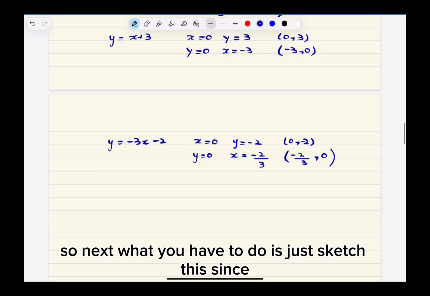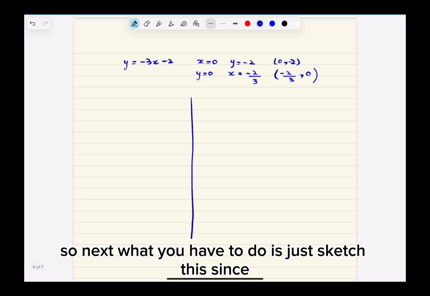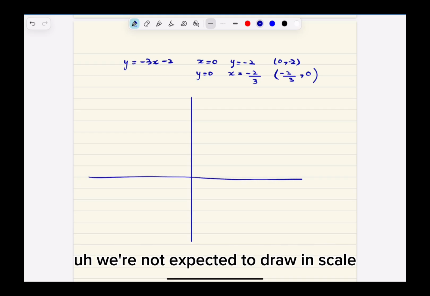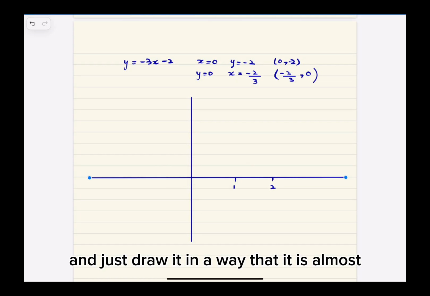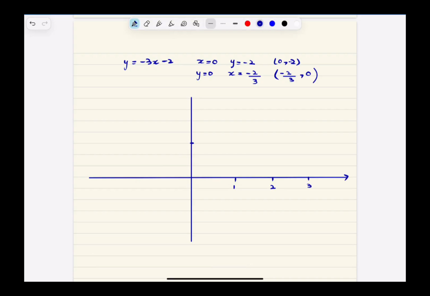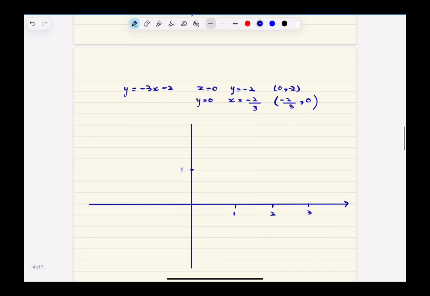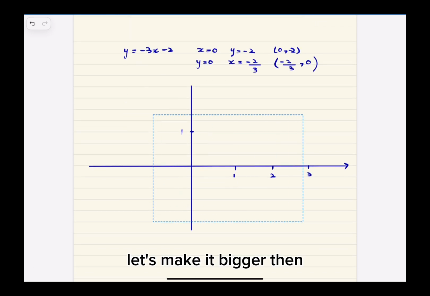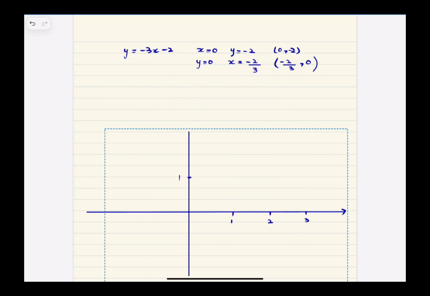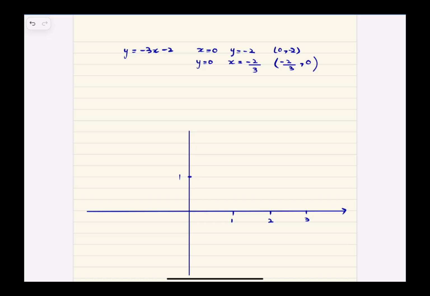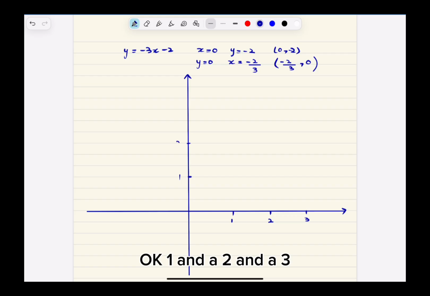Next, what you have to do is just sketch this. Since we're not expected to draw it to scale, but we can still try to use a ruler and draw it in a way that it is almost to scale. Let's make it bigger then. 1, 2 and 3.